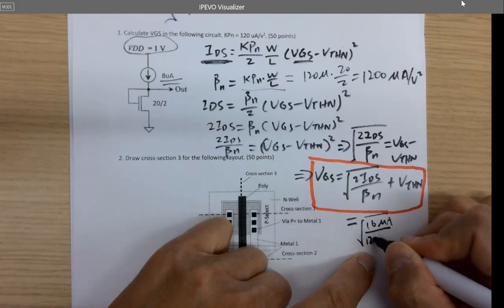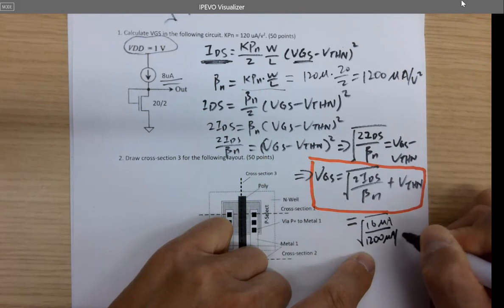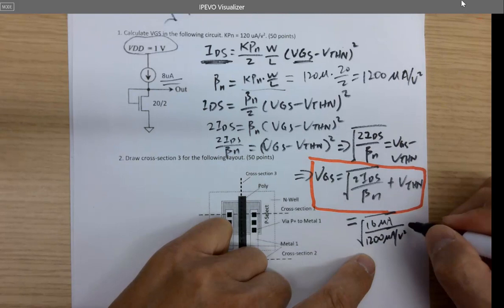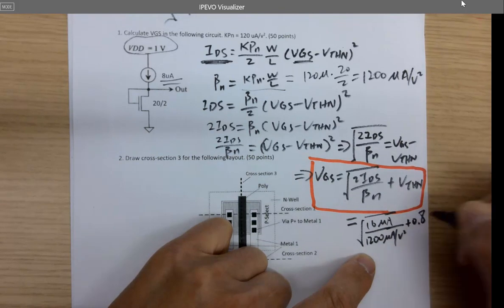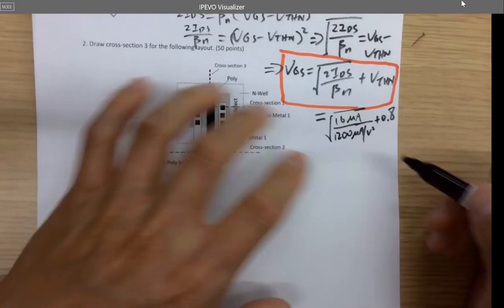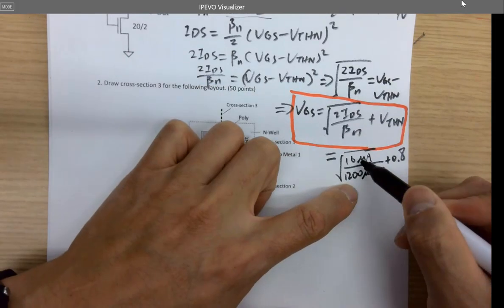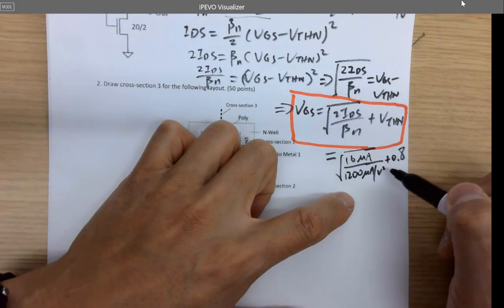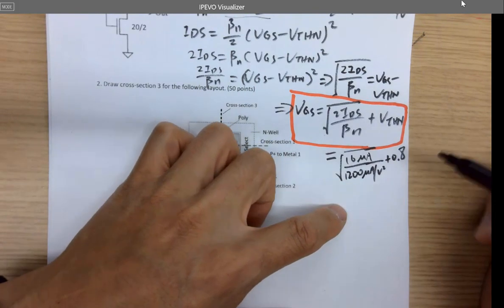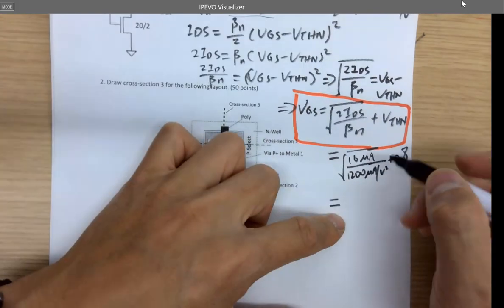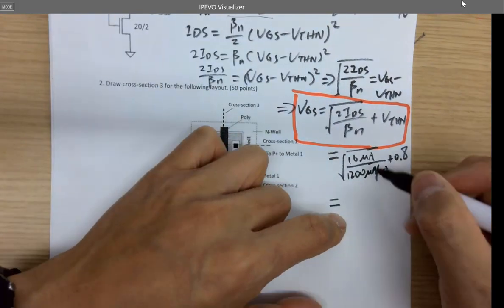So this is 1200 microamps over V squared, okay, and plus 0.8. This makes sense because the current units get canceled, and you got a V squared. V squared square root, you got a V. So V plus V, still V, right? So 16 over 1200 gives you what?